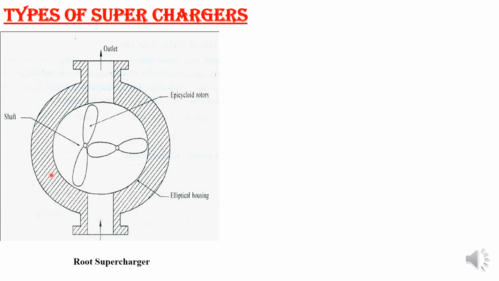Compression takes place only when the discharge port is open. While suction, there is no compression; when the discharge port is open, then only your compression will take place, and pressure rises almost instantaneously, remember, because of this rotational cavity formation.